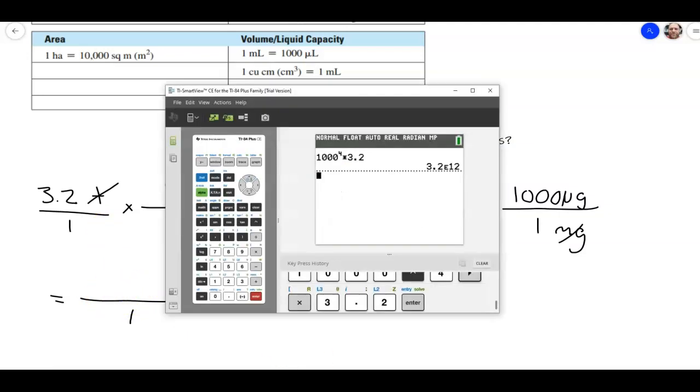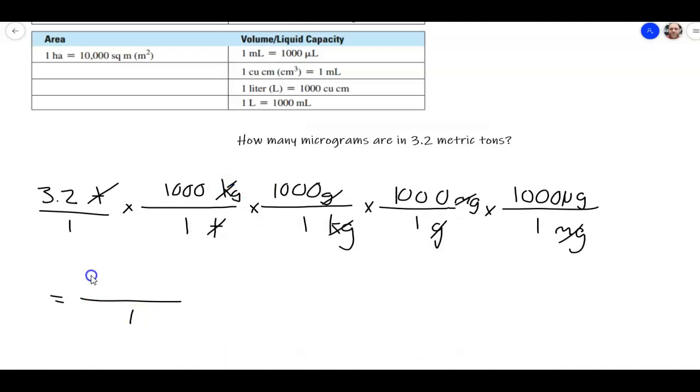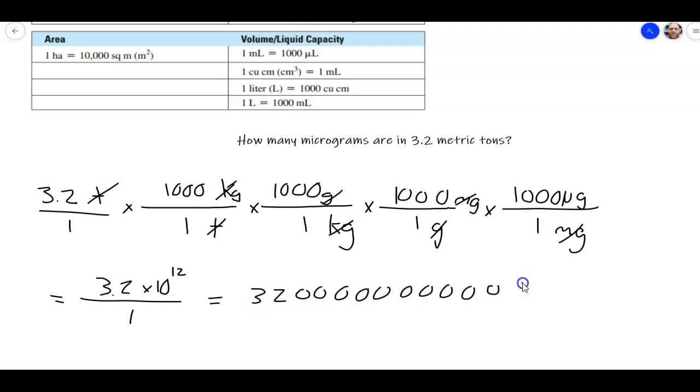So I'm going to write that in scientific notation. So this is 3.2 times 10 to the 12th power. That's in decimal notation. And this is really your answer because it's just divided by 1. And if you wanted to write that out, that would be 3, 2, then 1, 2, 3, 4, 5, 6, 7, 8, 9, 10, 11, 12 zeros.